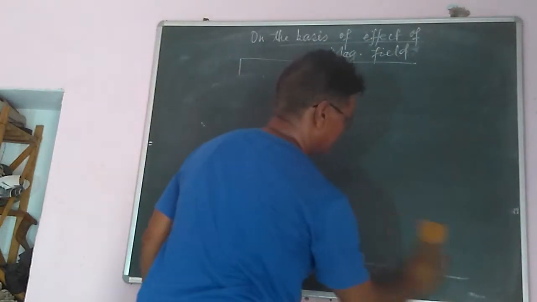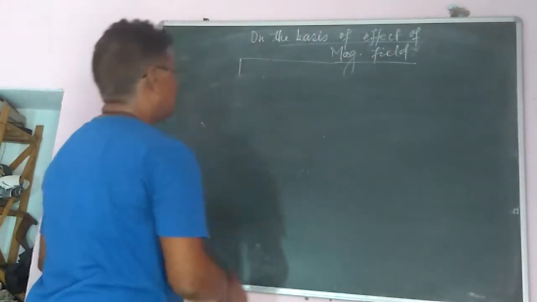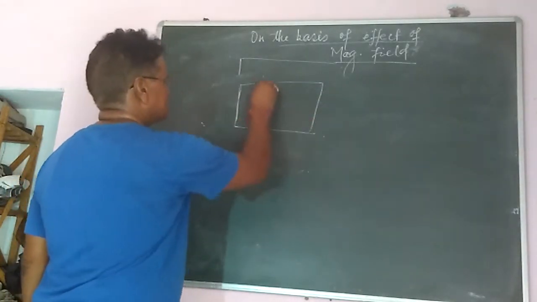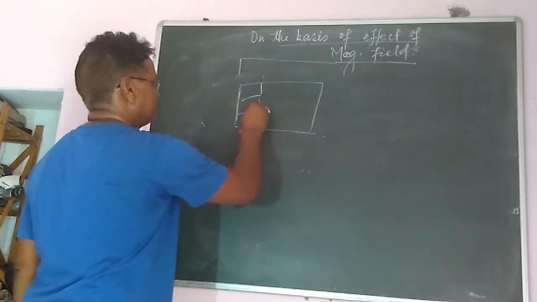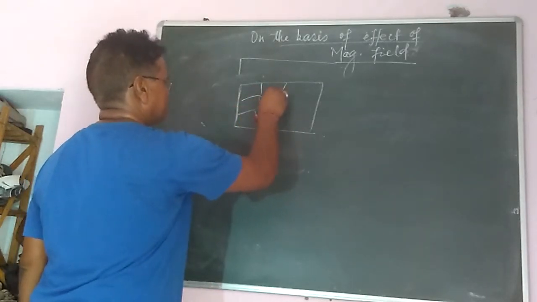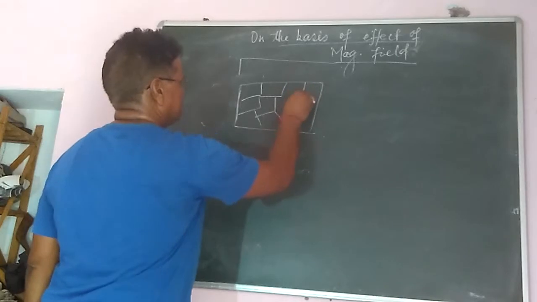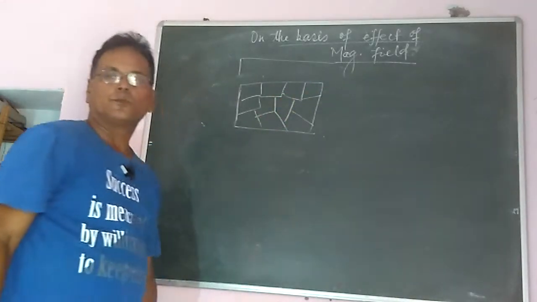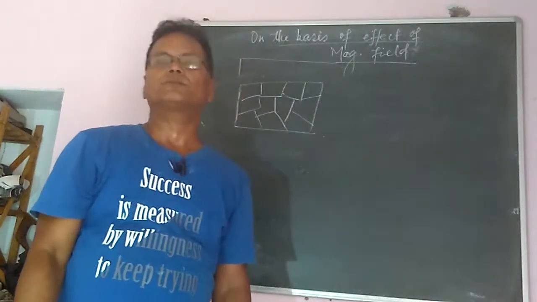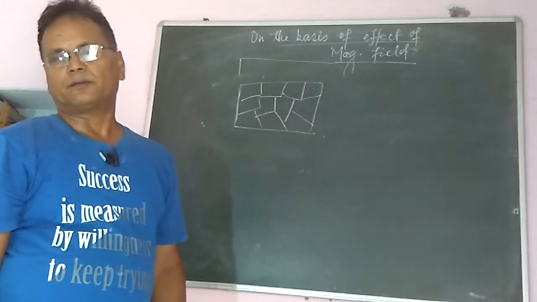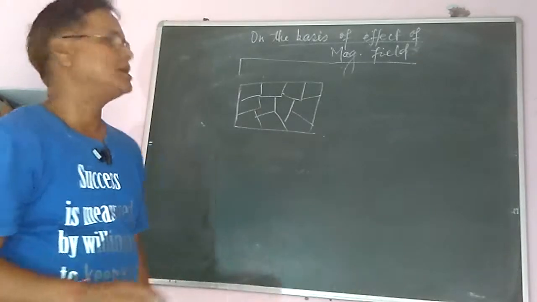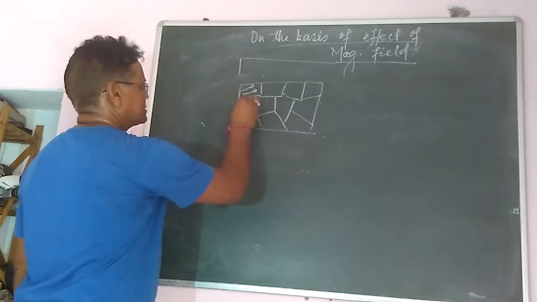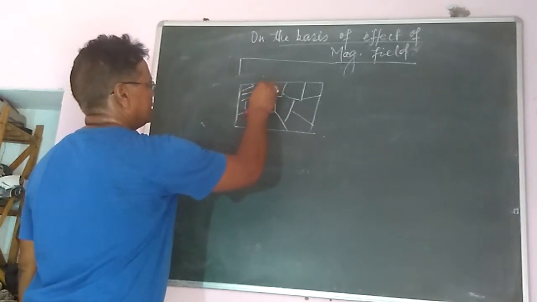Suppose this is the substance; the smallest parts of this substance, atoms, have the common spinning of the electrons.